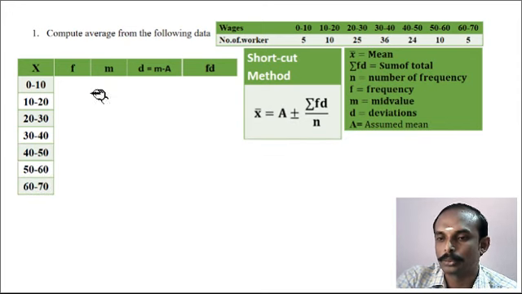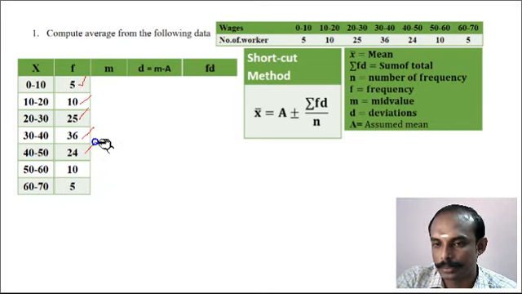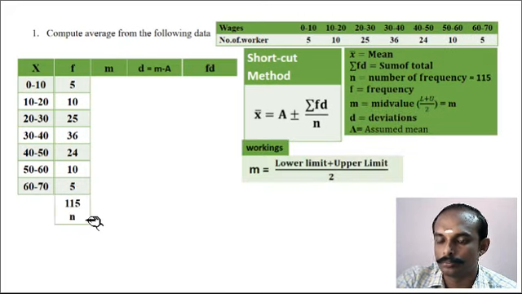In column number 2, frequency: 5, 10, 25, 36, 24, 10 and 5. Sum of frequency: adding 5 plus 10 plus 25 plus 36 plus 24 plus 10 plus 5, therefore n is equal to 115.